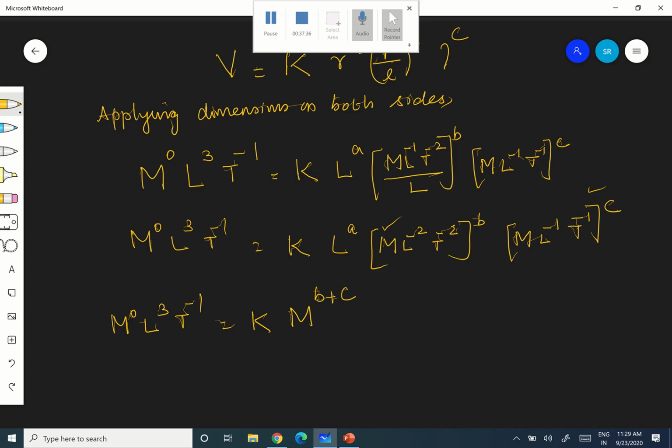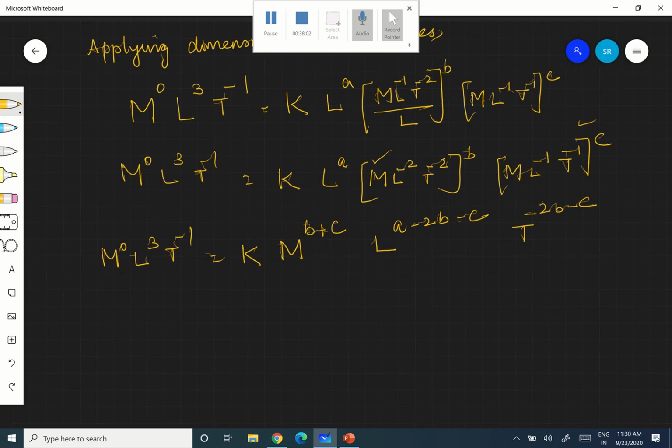Then L power: a here, minus 2b, and minus c. Then T power: minus 2b, minus c. Following?